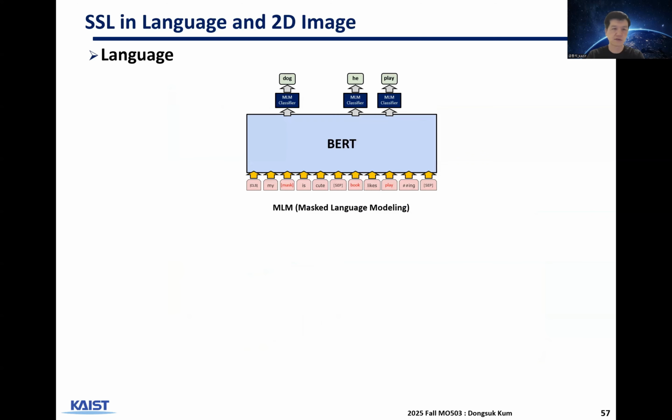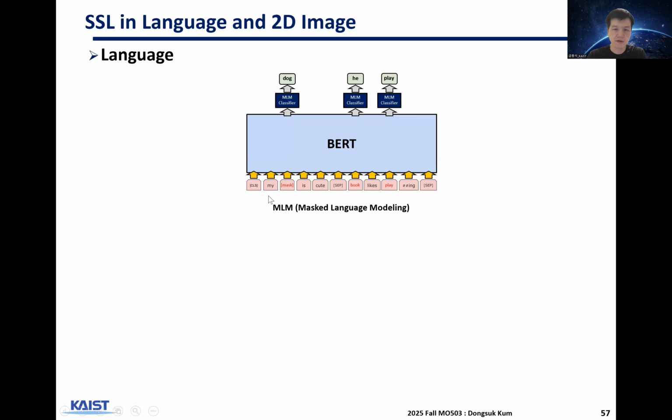So this was very successful in language and 2D images. It actually started from language, for sequence problems, and they masked. It was very natural because if you think about it, you actually don't need labeling. You already have ground truth if you have text.